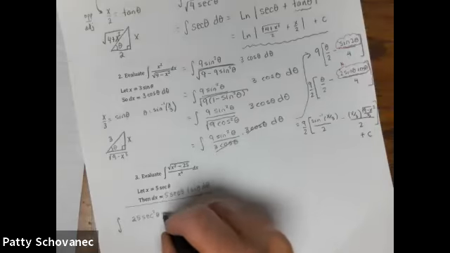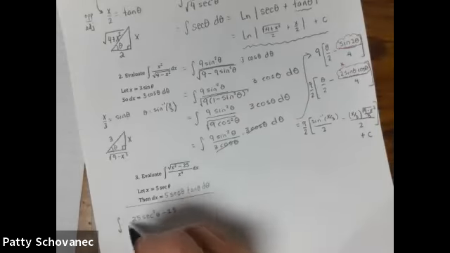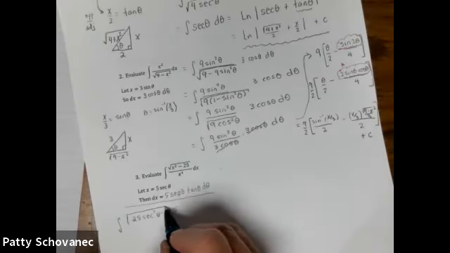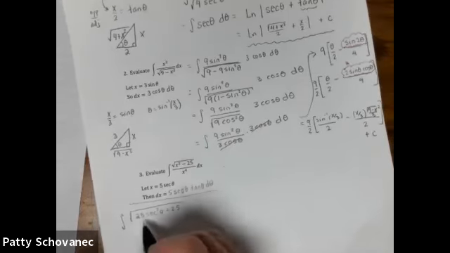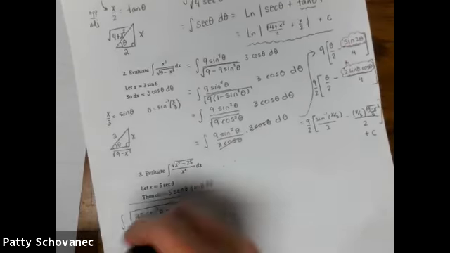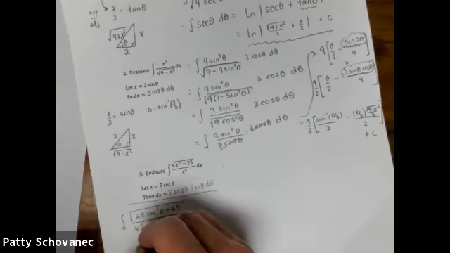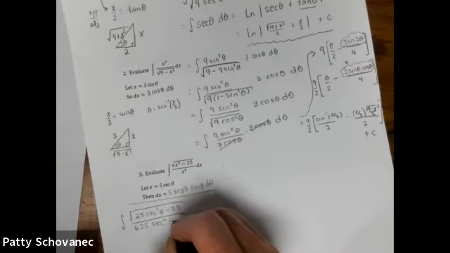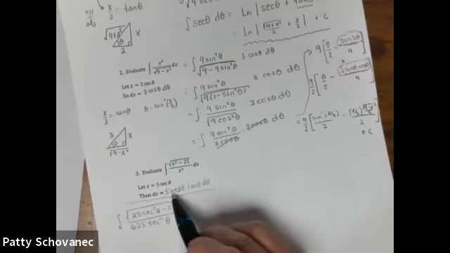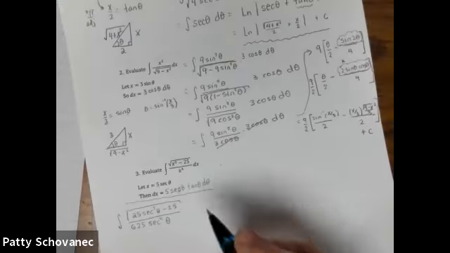Then I subtract that 25 and put the radical sign back on it. X to the fourth will be 5 to the fourth. That's 25 times 25, so that's 625 secant to the fourth. And then dx was the 5 secant theta tan theta d theta.